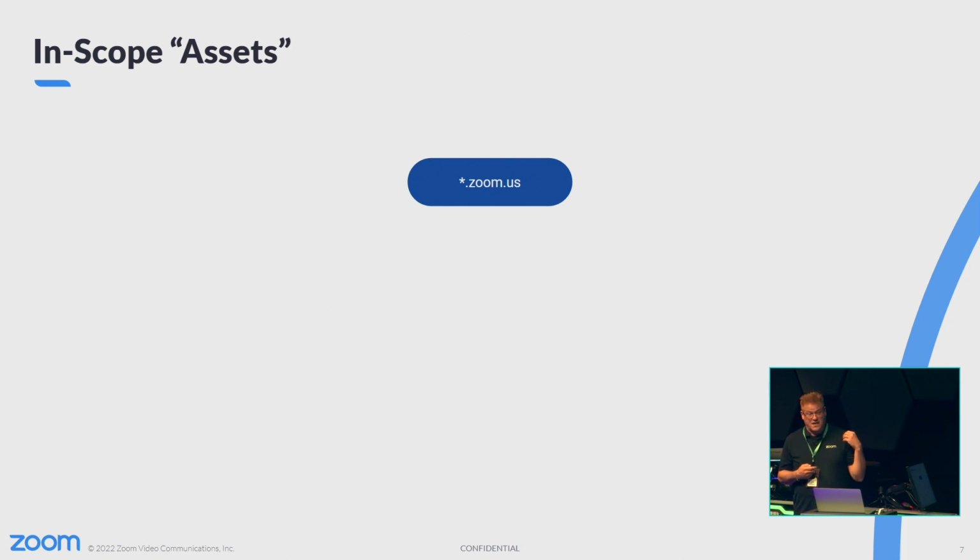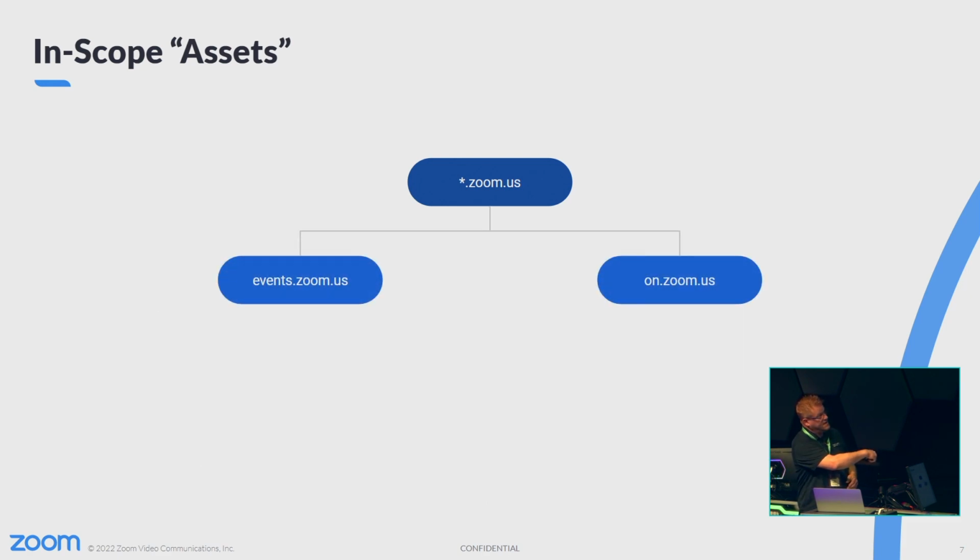Unfortunately, this does not allow the bug bounty program to generate really meaningful data out of the findings specific to a certain asset. And so utilizing the new assets tool within HackerOne, we've gone to something more like this, where we'd still have Zoom.us, star.zoom.us in scope, but where you've broken it down.